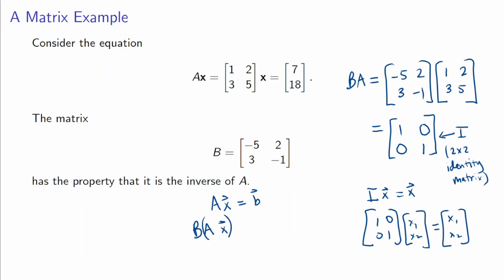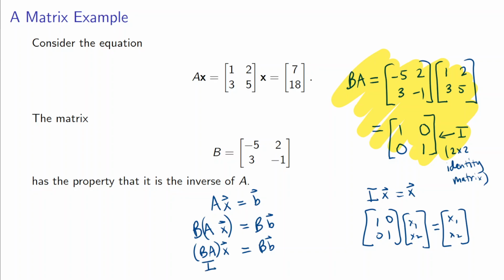So we'll have B times Ax equals big B times little b. We can reassociate that matrix multiplication on the left-hand side. So we have BA times x equals big B times little b. But BA, we discovered up here, is the identity matrix, right?